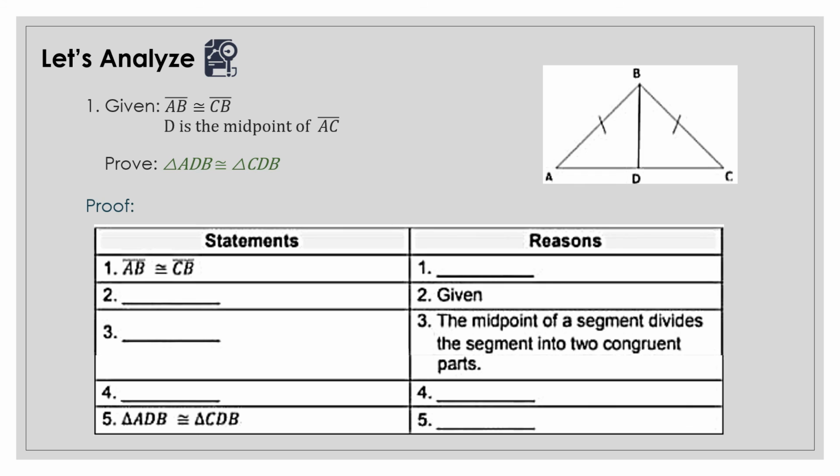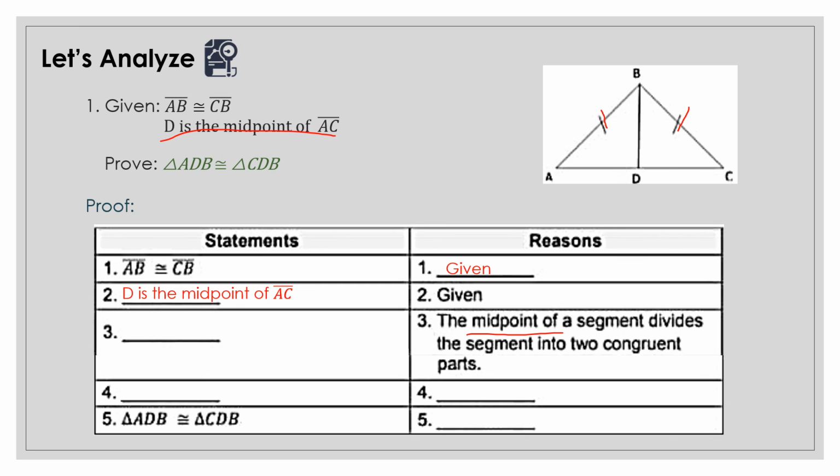For number 1, segment AB is congruent to segment CB. That's correct, it's given. So what is another given? D is the midpoint of AC. That is for our number 2. And for number 3, the reason is the midpoint of a segment divides a segment into 2 congruent parts.